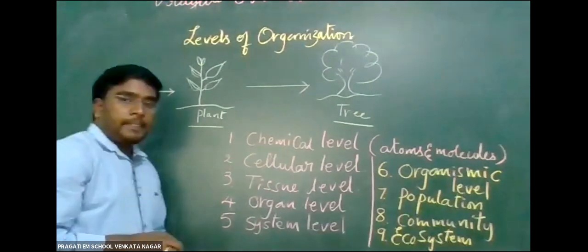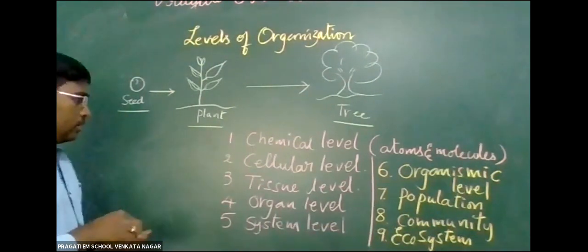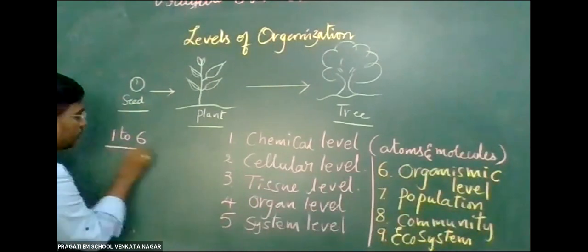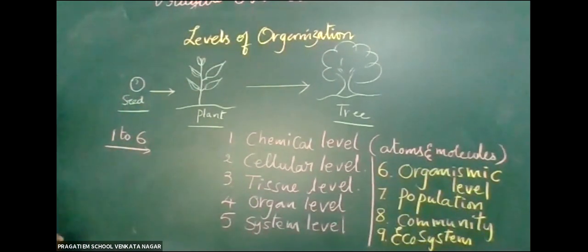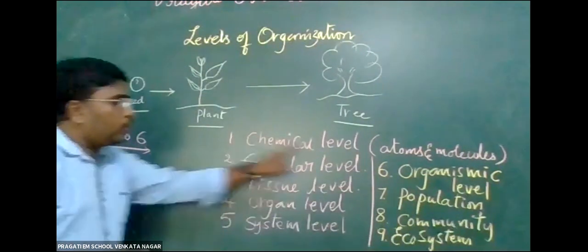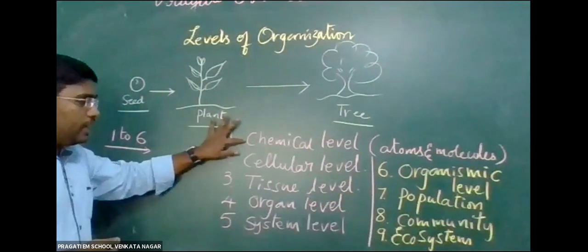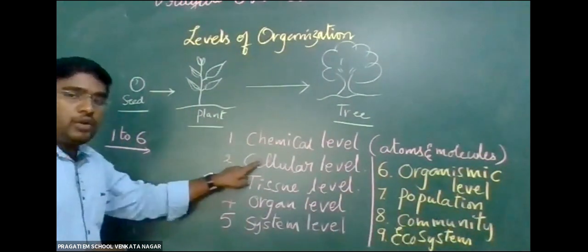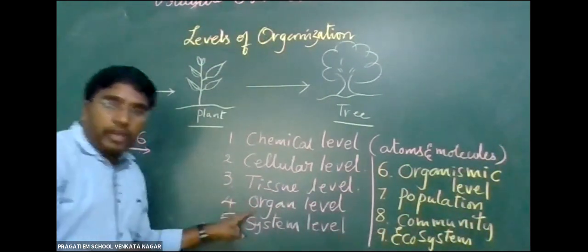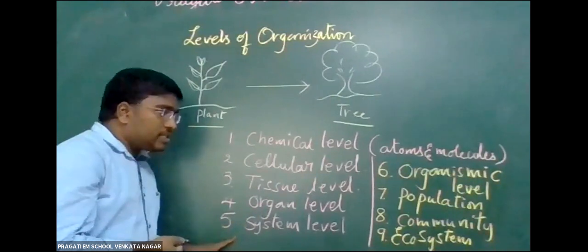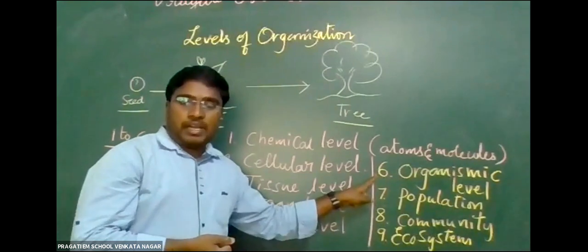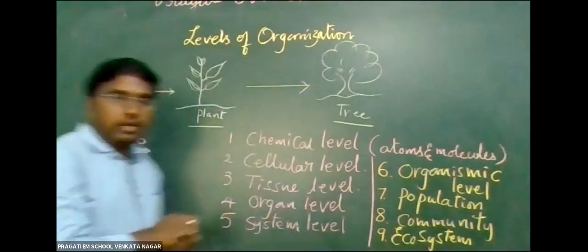Here, levels 1 to 6 that I gave: first one chemical level, second one cellular level, third one tissue level, fourth one organ level, fifth one system level, and sixth one organismic level, up to the sixth one.